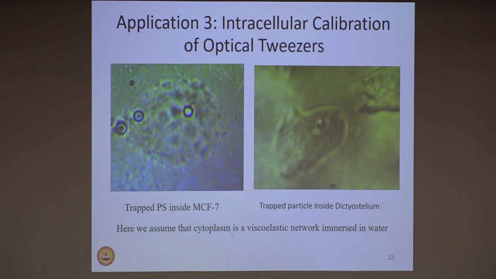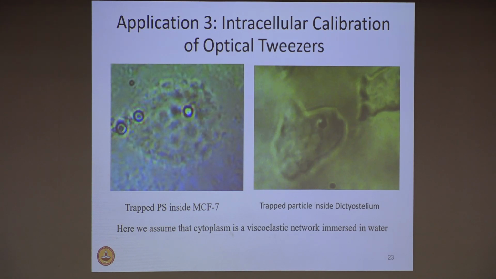Now I go to the third application, intracellular rheology inside the cell. You can see here this particle in a Dictyostelium cell, an amoeba cell which has been moving, and the particle is held at the same spot because it has been optically trapped, while the cell executes all this beautiful dynamics in an amoeboid fashion.